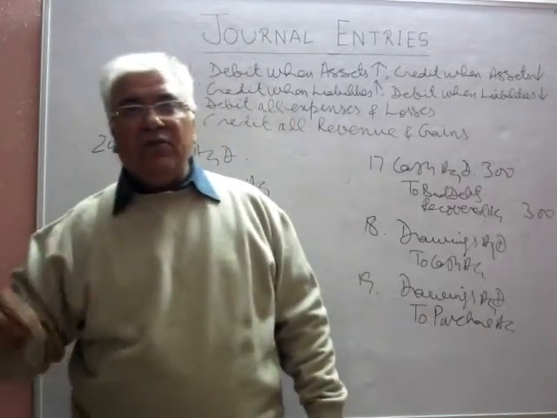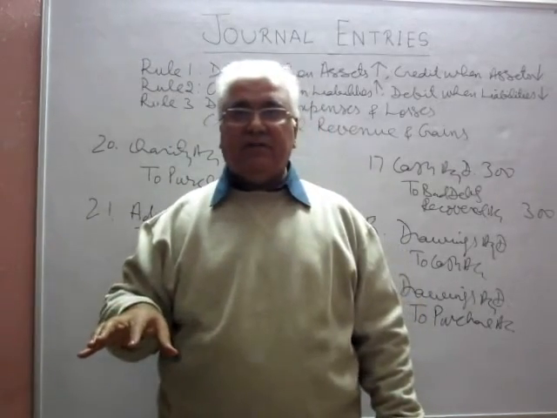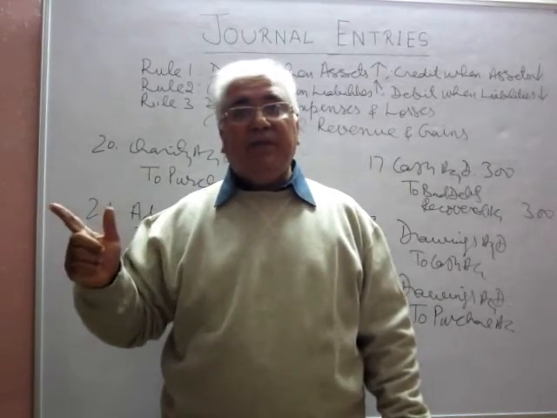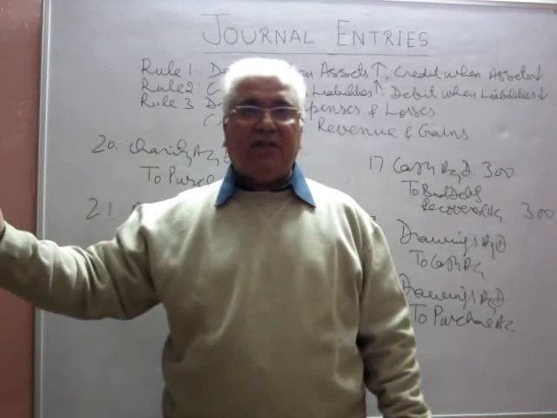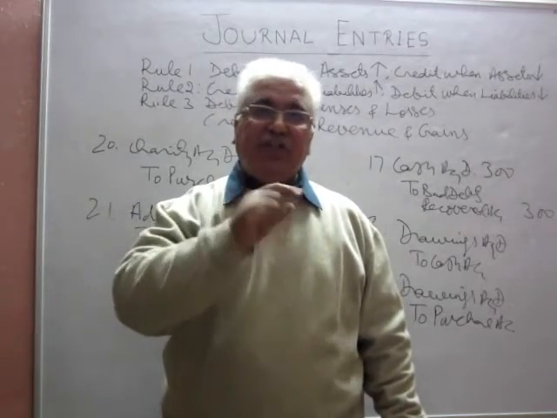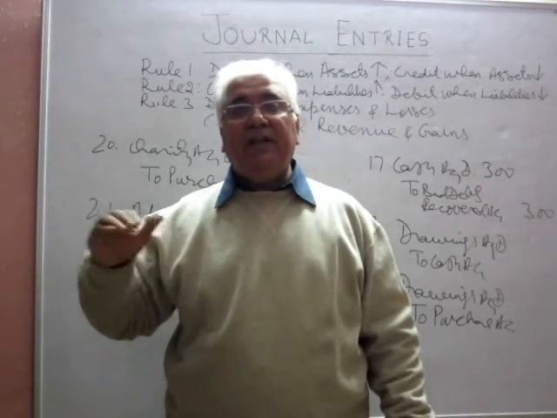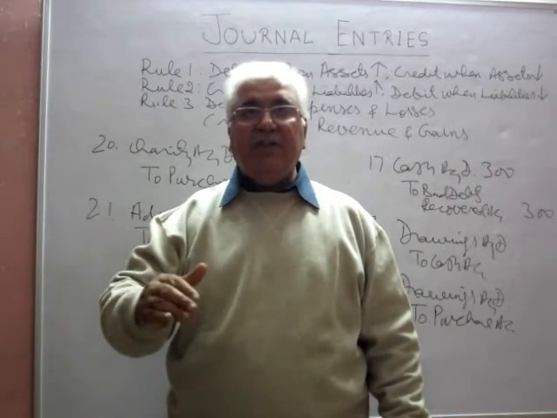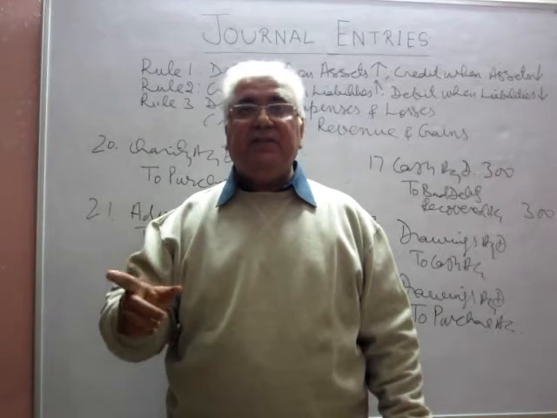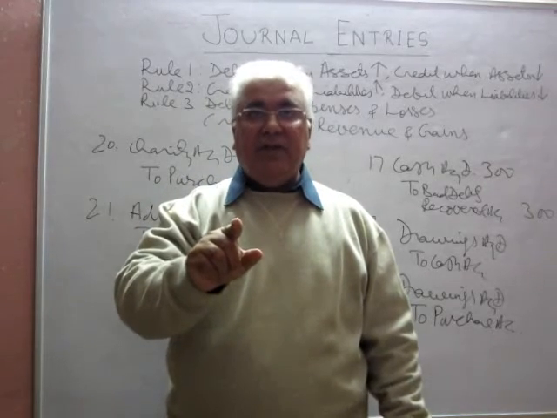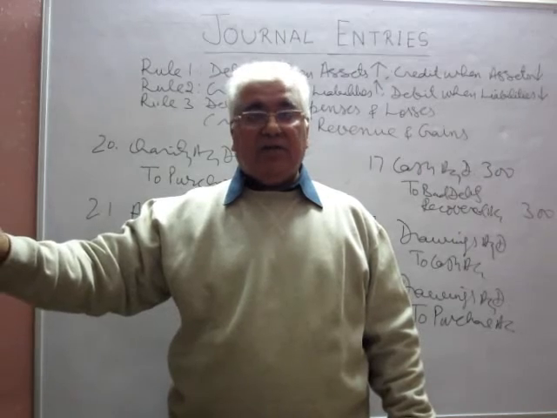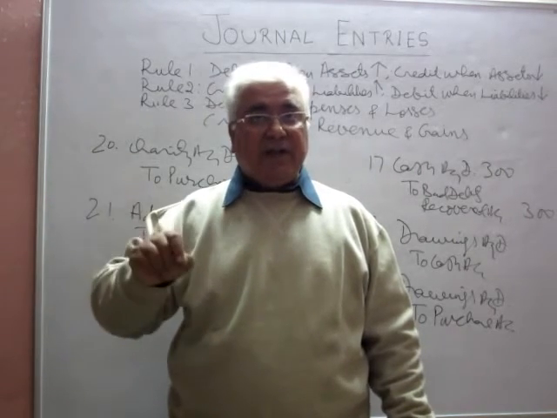For example, we engaged our workers for installing this machine. So wages paid to them will not be debited to wages account, but will be debited to machinery account. If we have taken certain materials from our factory for installation, again those expenses will be debited to machinery account, right? And not to the expense account from which we have taken.